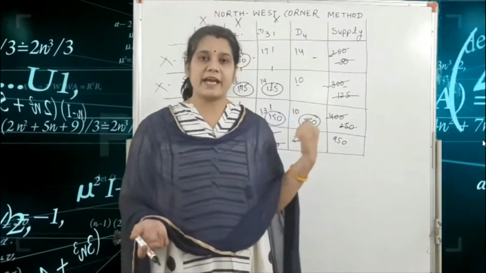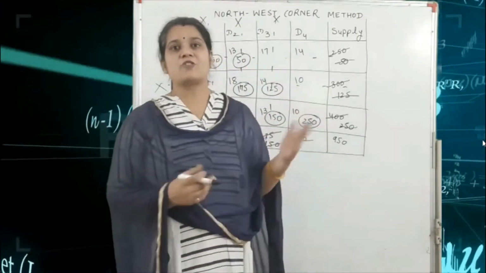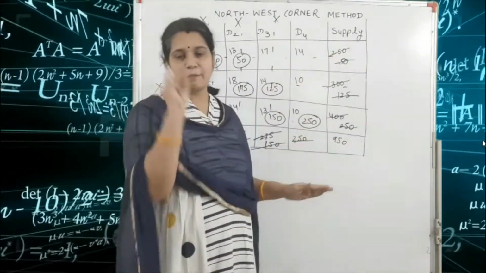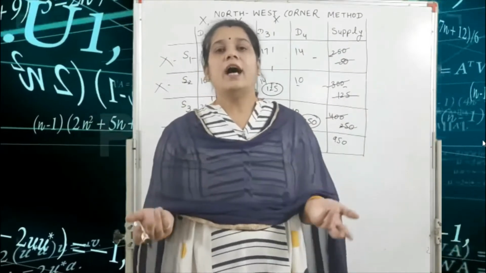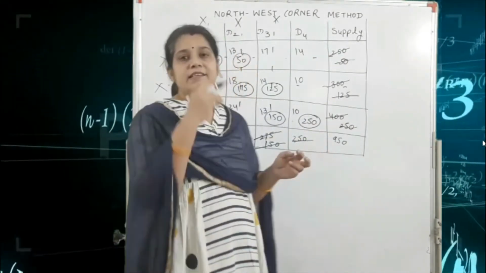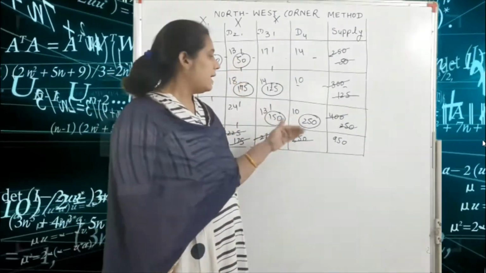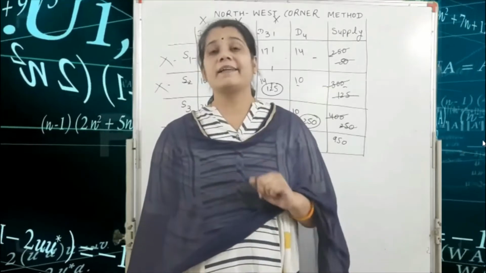Sometimes you do not check the question. For example, when it is given in the northwest corner rule, we write the allocation according to the northwest corner method without checking whether the supply and demand are equal, or whether the problem is balanced or unbalanced. And sometimes your last allocation's supply and demand are not equal.